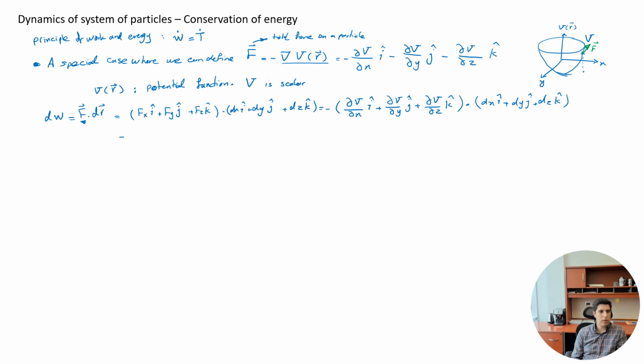This dot product is partial v partial x dx plus partial v partial y dy plus partial v partial z dz, which is the full dv.